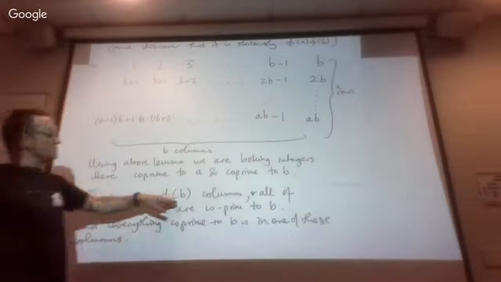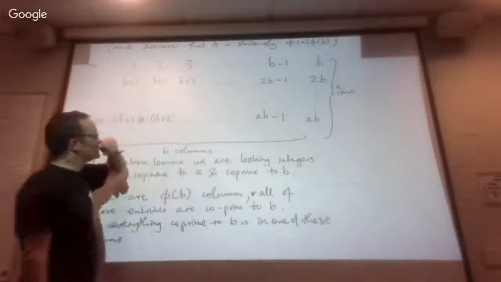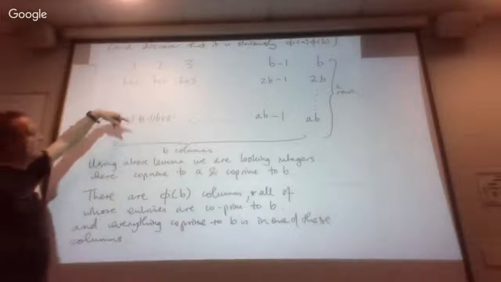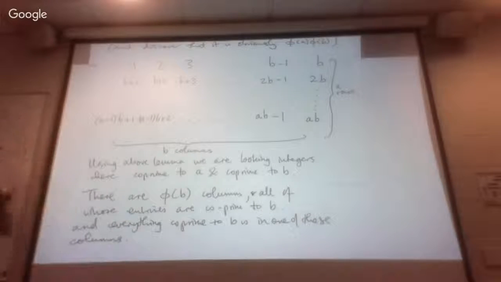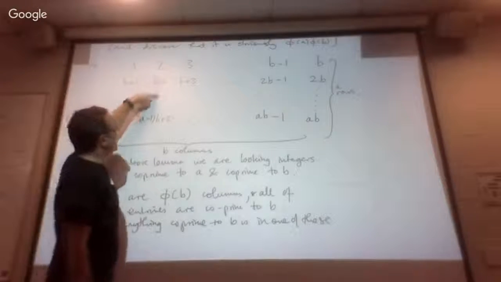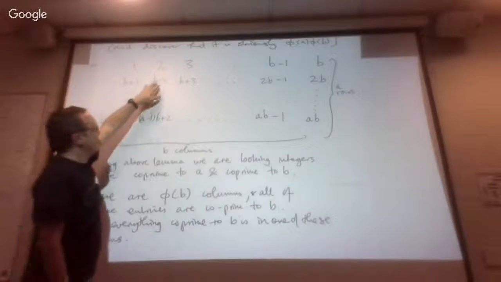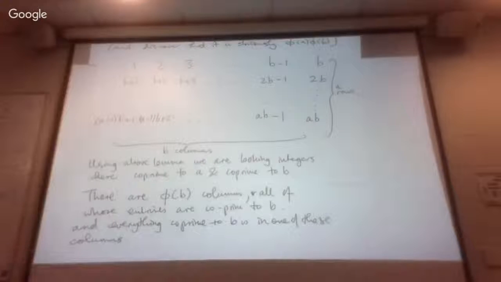So we choose one of these co-prime columns. Let's say it's column 2. You look at all the integers in column 2. We're assuming they're all co-prime to b; how many of these are also co-prime to a?